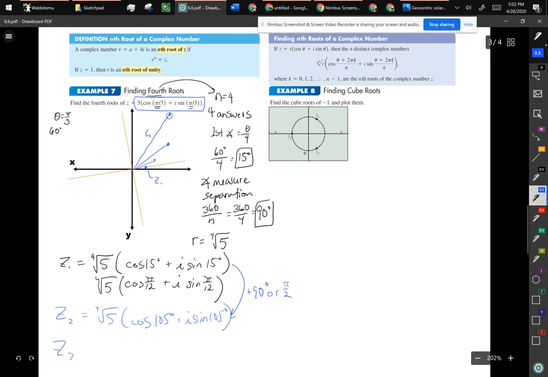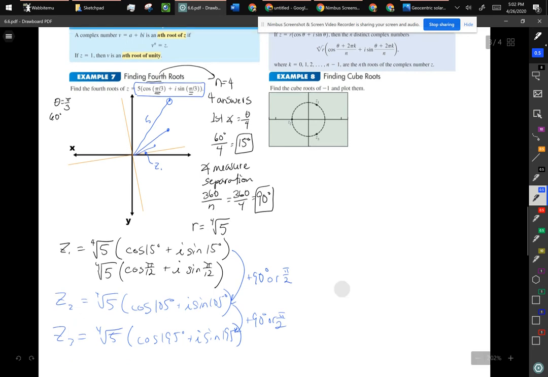Z3 would be the fourth root of 5, and then again, you add another 90, or pi over 2. And then it's cosine of 195 plus i sine of 195. And you've got Z1, Z2, and Z3. And guess what? There's going to be one more Z because it's the fourth root.